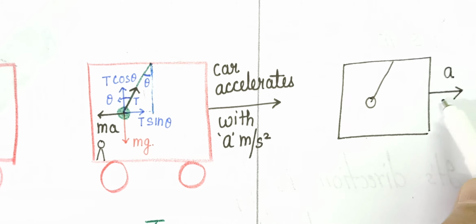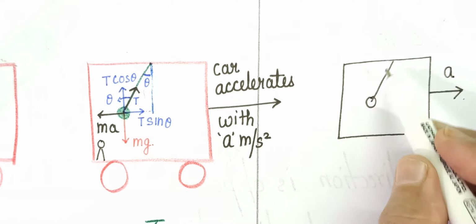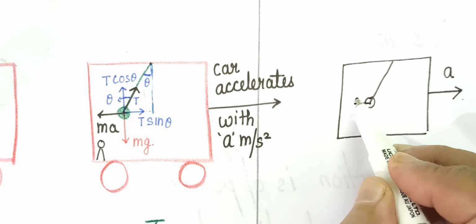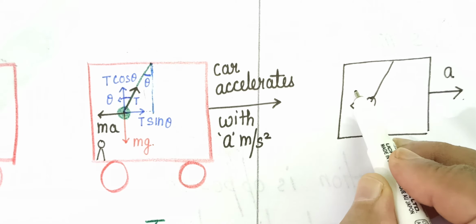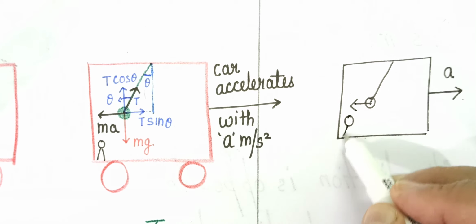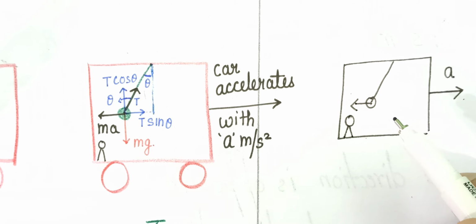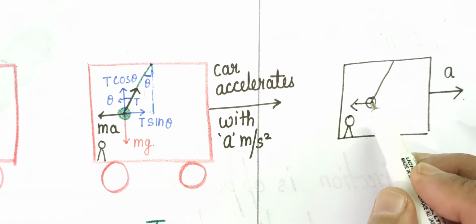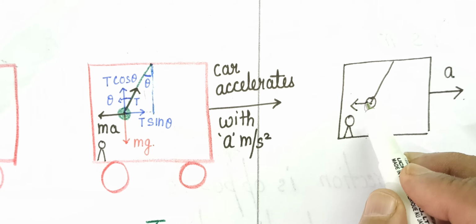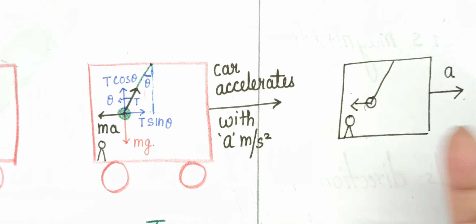Acceleration of the car is towards right, then the bob shifts towards left, as if some force pulled it or pushed it towards left. So, what should be the conclusion of Mr. A? That this bob is experiencing a force which we don't know from where that force is coming, but this happens only when the car accelerates.